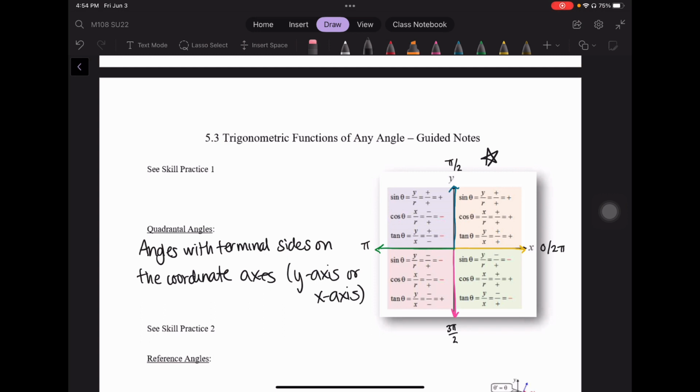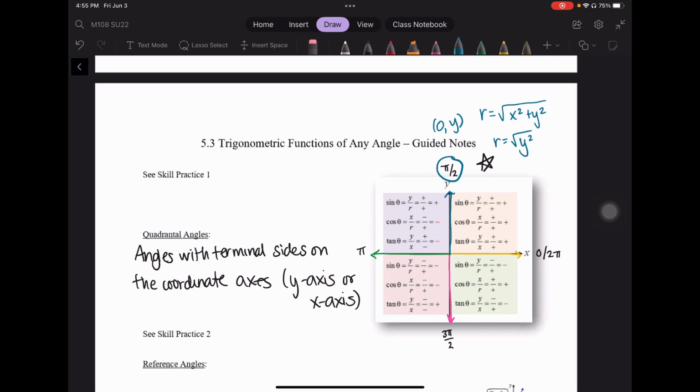So for instance, let's say I had pi over 2. That's going to be where x is 0 and y is just some y value. So if I was to do r, remember that r is equal to the square root of x squared plus y squared. Well, in this case, x squared is 0 because it's anywhere on the y-axis, so x is in the middle.